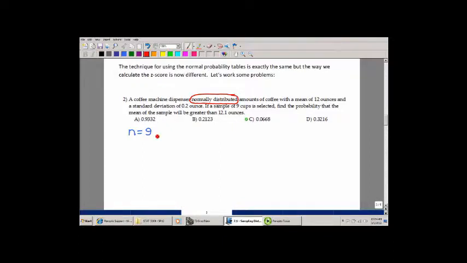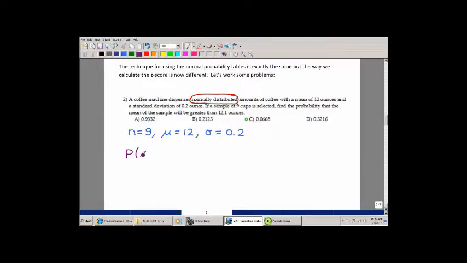So let's see what we have here. So we have a mean of 12 and a standard deviation of 0.2. However, once again, that standard deviation is for x. That is not our standard deviation that we need. Now, you can calculate the standard deviation that we need first, or we can just set it up in our z formula, which our z formula basically is going to look like this.